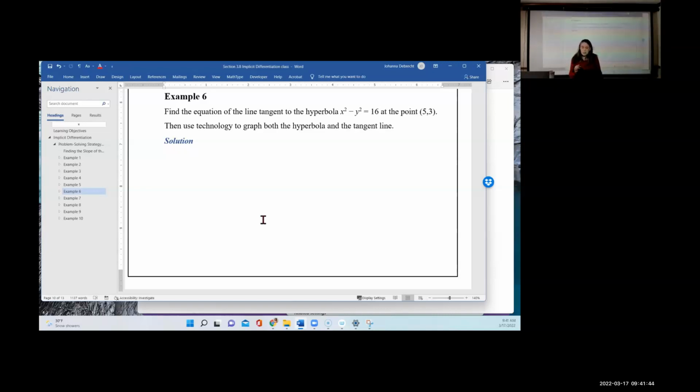So doing it implicitly may give us a different kind of formula where we need both x and y, but it will take away the ambiguity of the plus or minus. So we're going to do this one with implicit differentiation, and we're going to take the derivative of both sides.